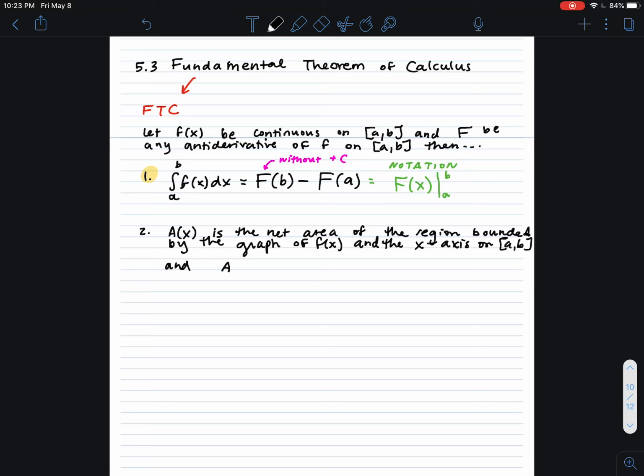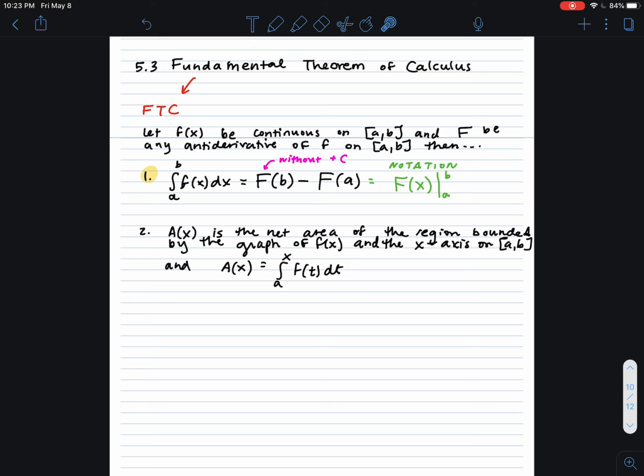And we can find that net area function by calculating the integral from a to some variable x of f of t dt. The reason we changed to t's is because we're trying to get an equation in terms of x, and the only way we can get an equation in terms of x is if we have different variables for our function.